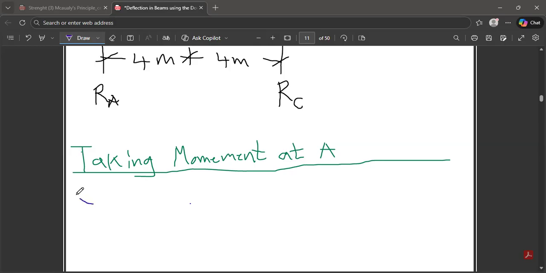So in this case, I'm taking clockwise to be positive. And that is the sum of all moments about A. The sum of all moments at A is equal to 0.